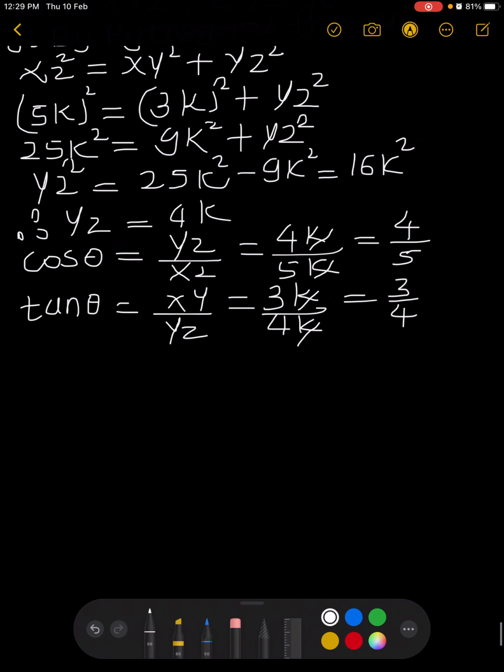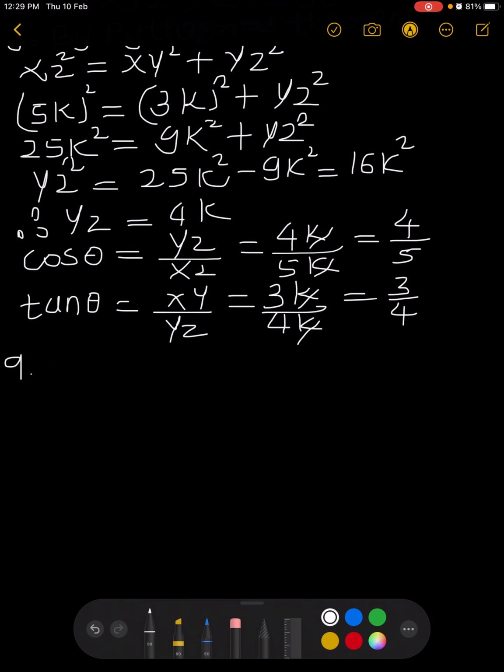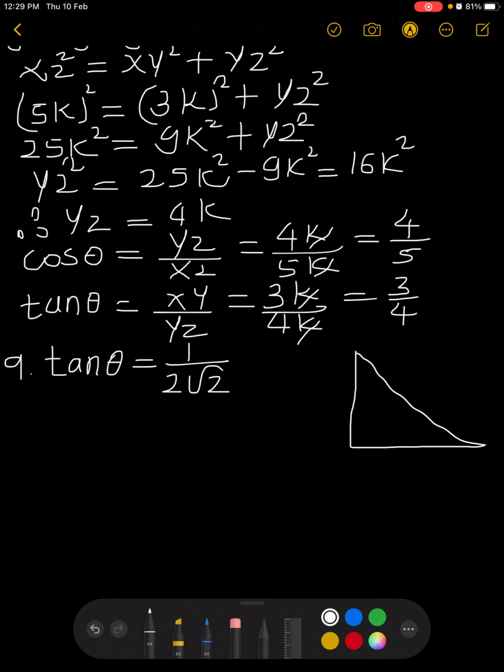And the last example of question number 1. It is given tan theta is equal to 1 upon 2 root 2. Get sin theta and cos theta. For obtaining sin theta and cos theta, let us make a right angle triangle DEF.